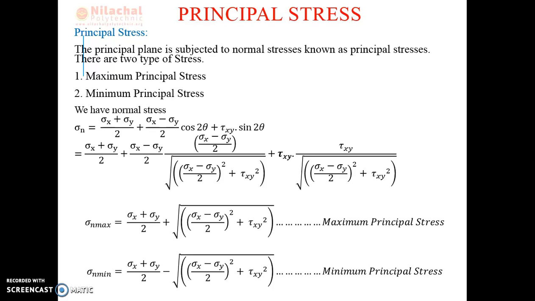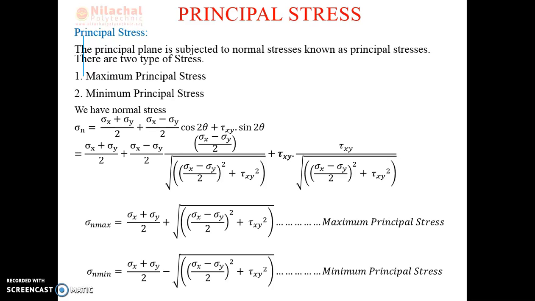Along the major plane, the maximum value of normal stress acting upon the principal plane is known as the maximum principal stress. The minimum value of normal stress acting upon the principal plane is known as the minimum principal stress. So we have two types of stresses: maximum principal stress and minimum principal stress.